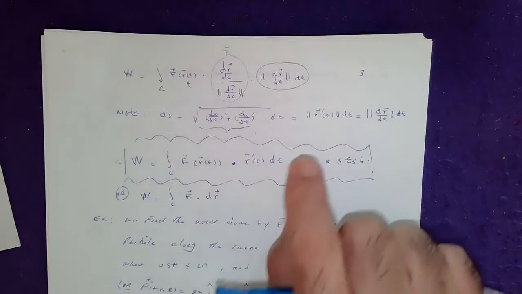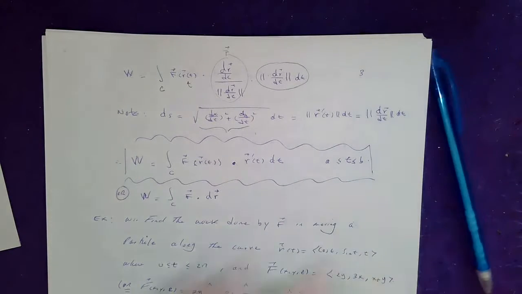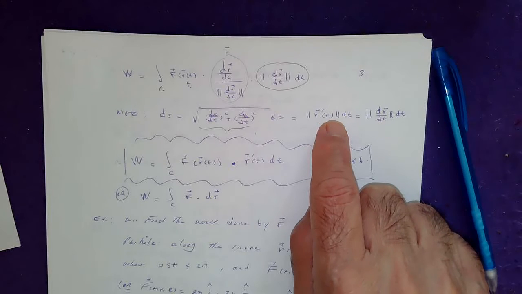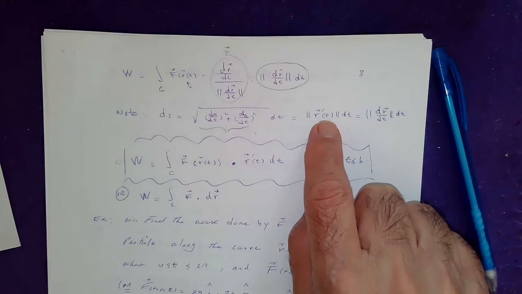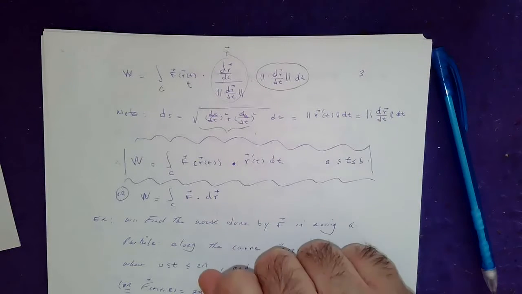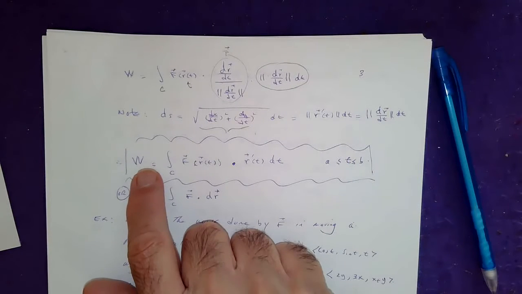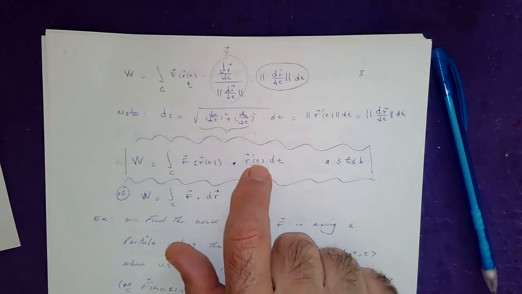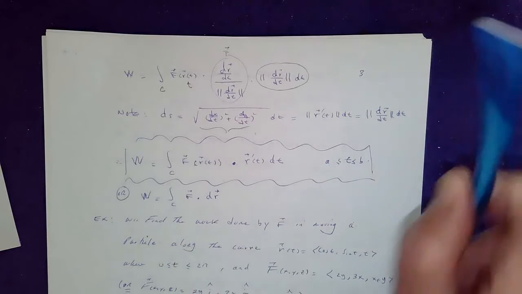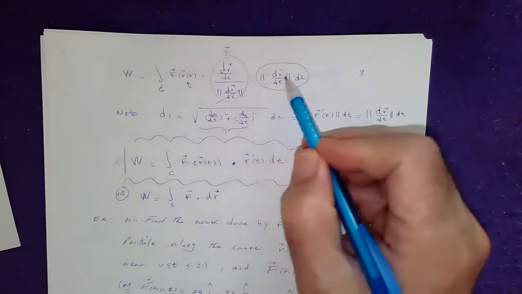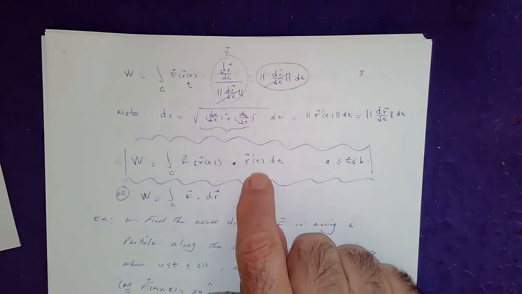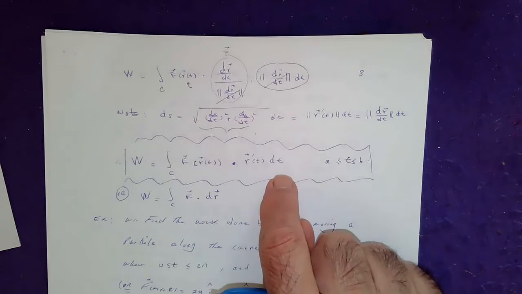In other words, r prime was velocity, so we're talking about speed now. So this would be the same as speed times dt. Anyways, the bottom line is the work is F, in terms of the parametric equation, dotted with r prime dt. Notice these cancel, and all you are left with is dr/dt, which is the same as r prime, and you still have your dt.